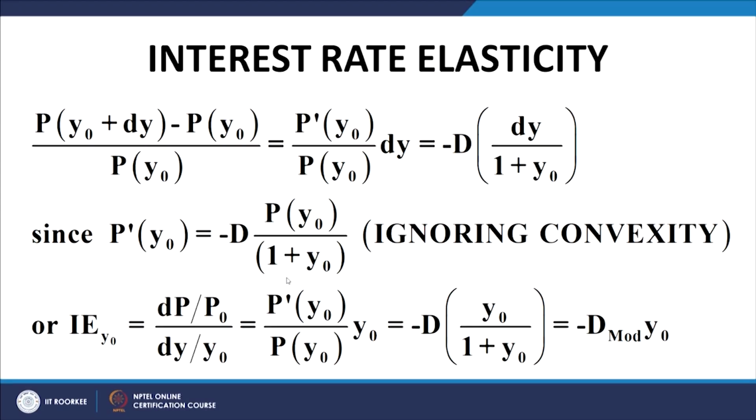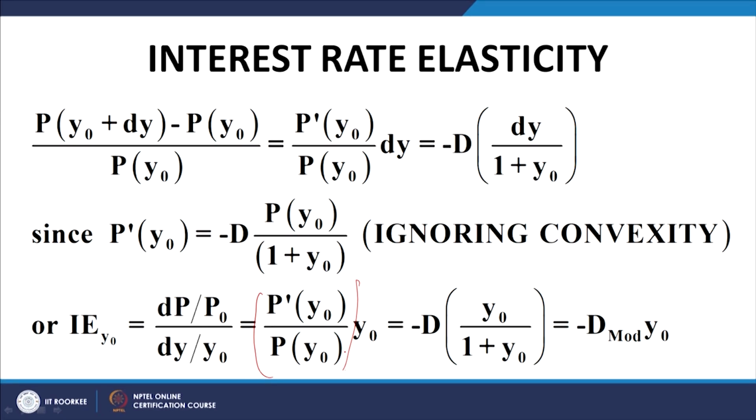So, in terms of duration, substituting the expression of modified duration, which is P dash y upon P y, what we end up with is that the interest rate elasticity is equal to minus d mod into y0, which in terms of the Macaulay's duration is minus d into y0 upon 1 plus y0, using the relationship between d mod and d mac.